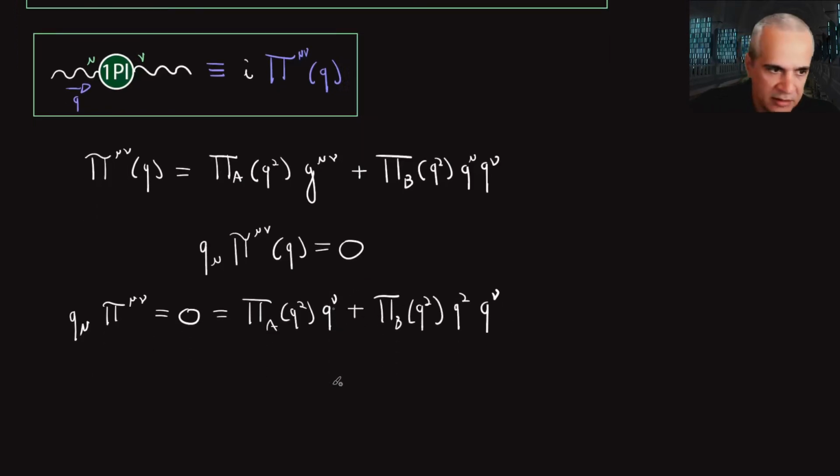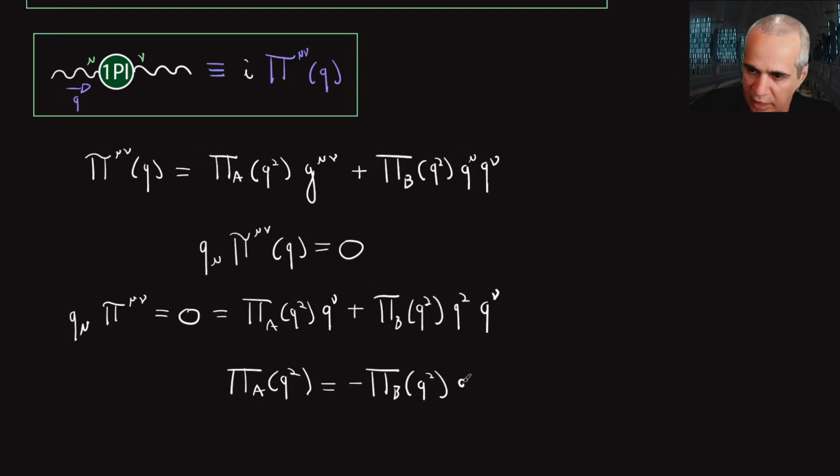Which means now that pi a q squared, I am eliminating q nu here because this needs to be true for any value of it. I throw pi a to the other side and this becomes minus pi b q squared times q squared.